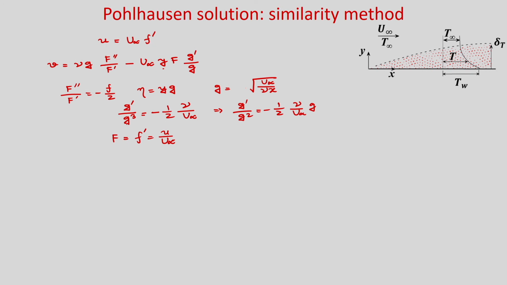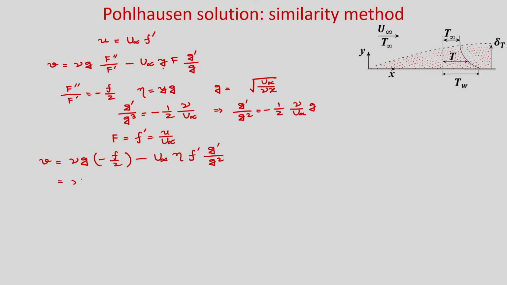So, now if you substitute all these here, you will get velocity v. So, it will be nu g, F double prime by F prime, it is minus F by 2, minus u_infinity. So, y we can write eta by g, right. So, eta F is f prime and g prime by g square, okay. And g prime by g square we can write this one.